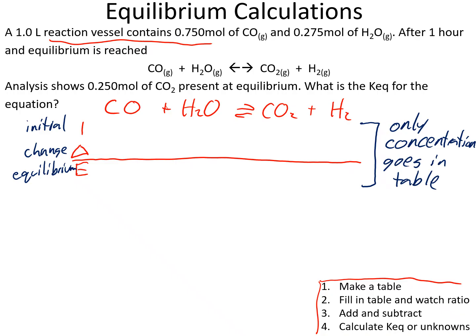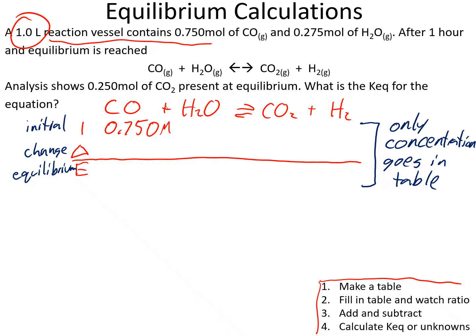So we're going to take our carbon monoxide, 0.75 moles. I want to put it into a concentration, so I go 0.75 divided by 1. It's really nice that we're using a 1 liter container, so everything's just divided by 1. So 0.75 divided by 1 is just 0.75. So this starts with 0.75, and that's moles over liters, or we can say molarity.